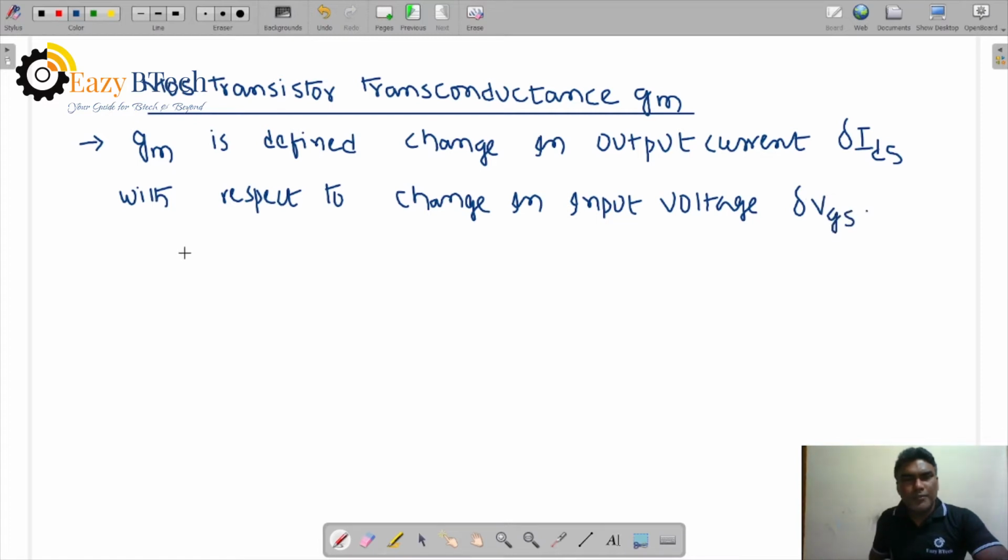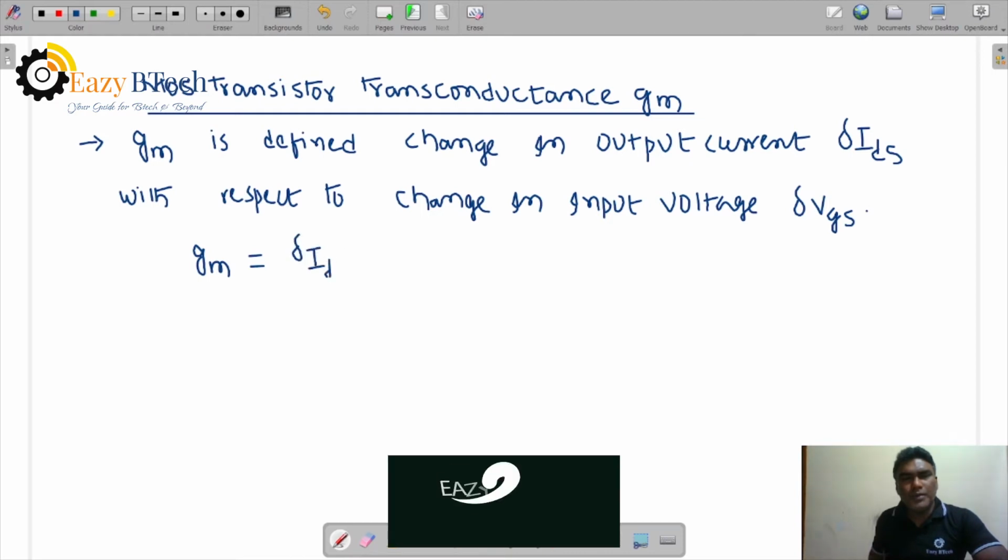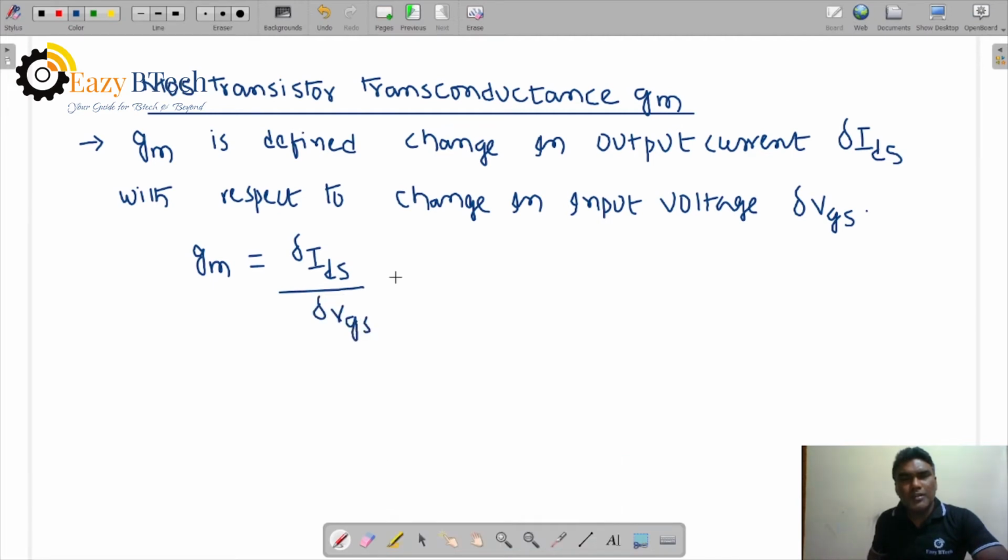You see the definition here and a formula representation. GM is equal to change in IDS by change in VGS, keeping VDS constant.